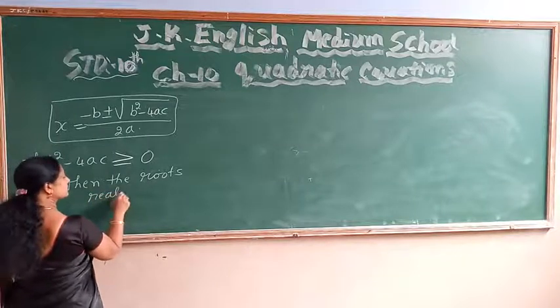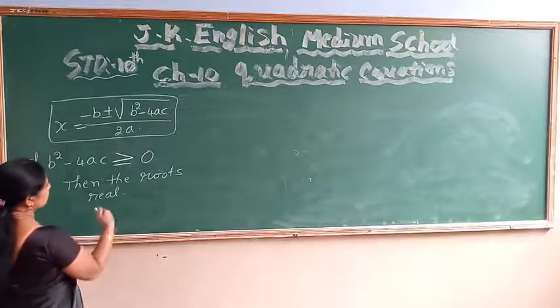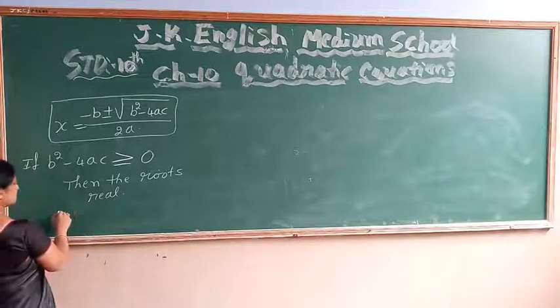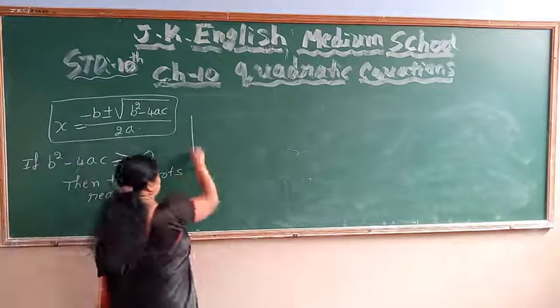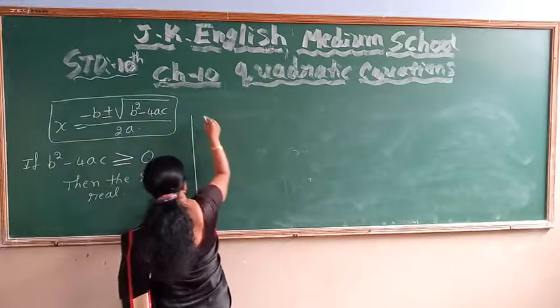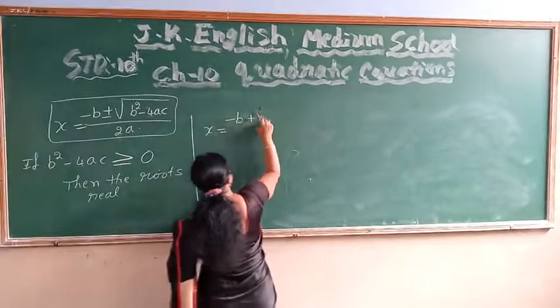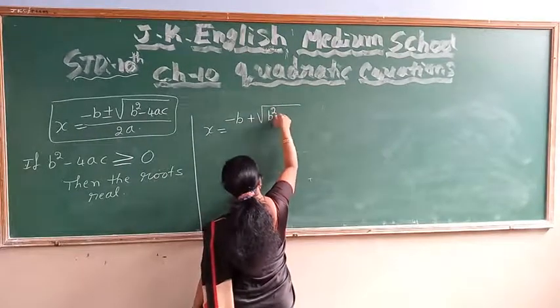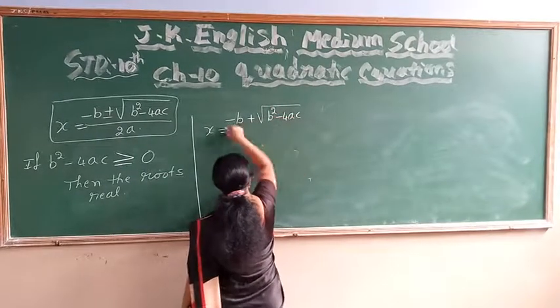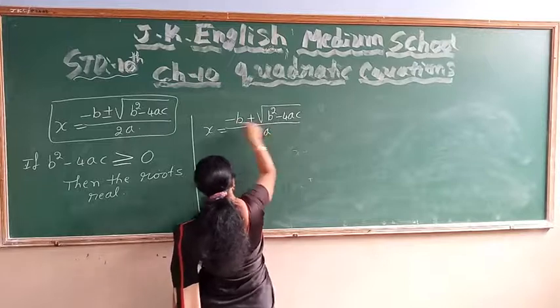We will get real roots. So then the roots are, I am going to write it this way. One, by using the plus sign, x is equal to minus b plus square root of b square minus 4ac divided by 2a. This is one root.